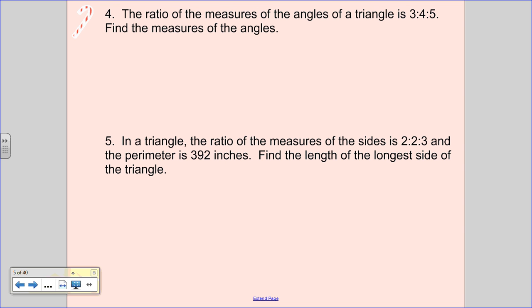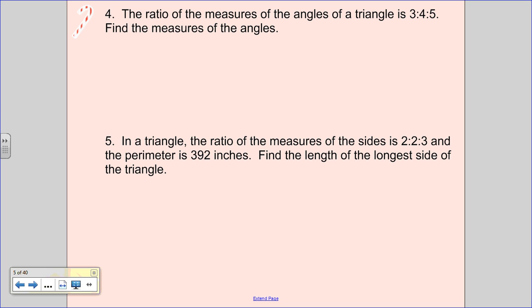The ratio of the measures of angles of a triangle is 3 to 4 to 5. It wants us to find the measures of the angles. Well, we know the measures of all angles of a triangle will add up to equal 180.